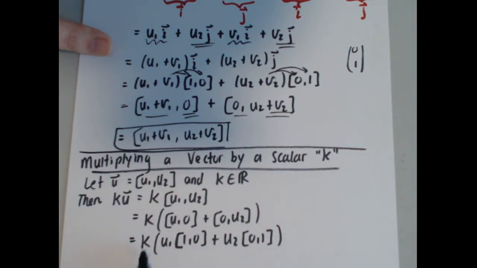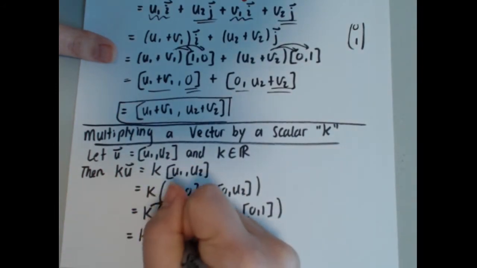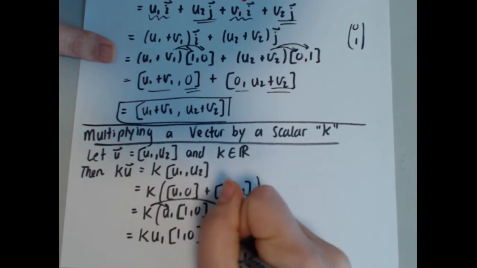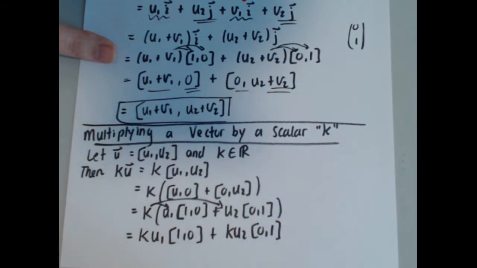Now you see how I have a scalar out here? I'm going to take that number and I'm going to multiply it inside again. So I'll have k times u1 times this vector plus k times u2 times the next vector. So k u1 times 1, 0 plus k u2 times 0, 1.